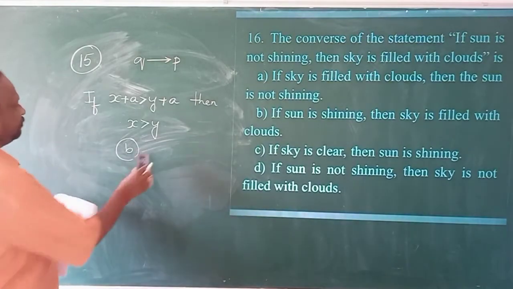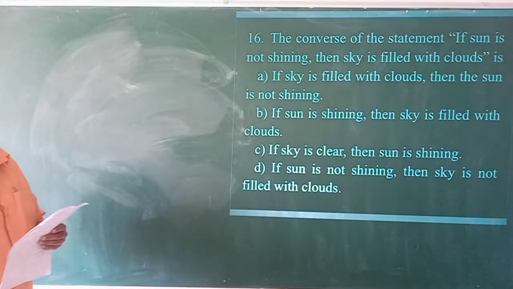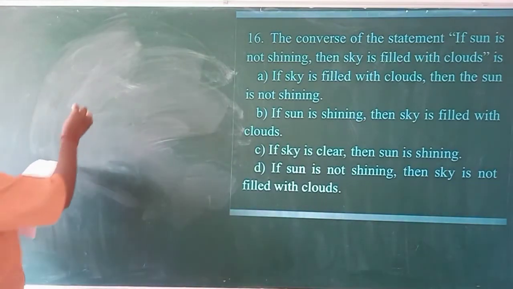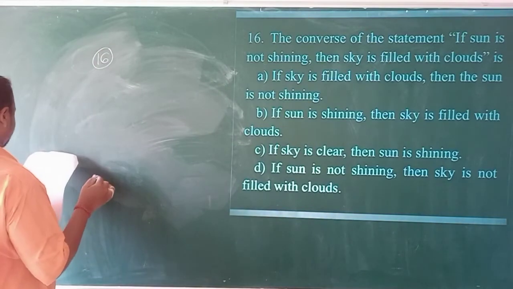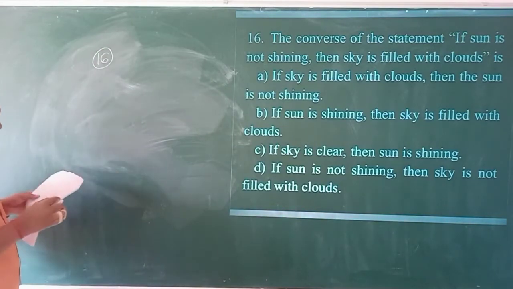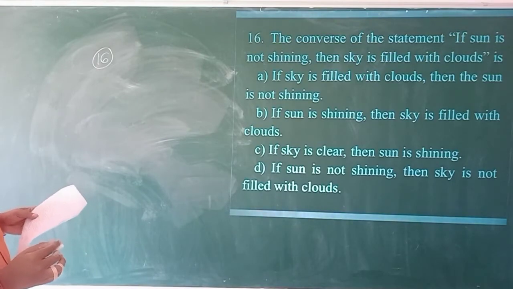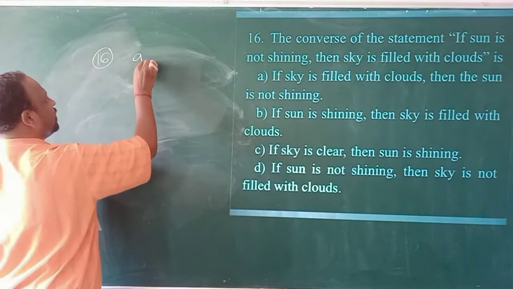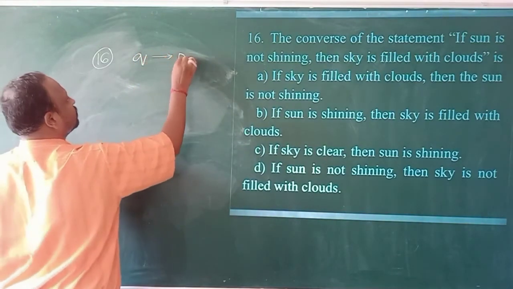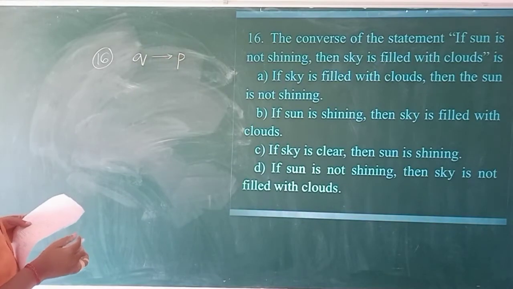The next one, 16th one. The converse of the statement: if sun is not shining, then sky is filled with clouds. Converse again Q then P. First write down the second sentence.